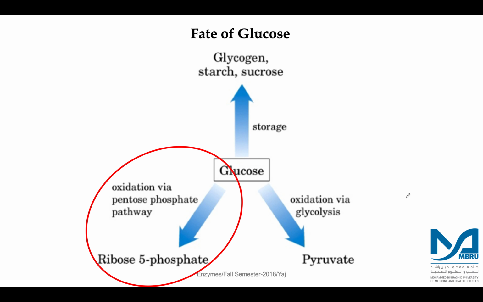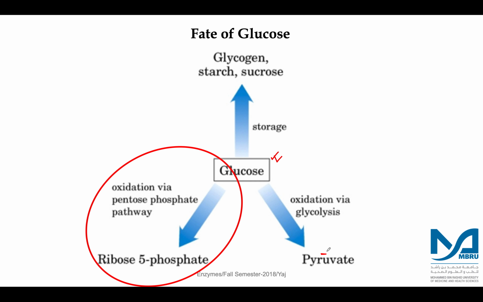So if I want to recap what we have done in this lecture, we first looked at glucose, which we oxidized to pyruvate. We then looked at the fate of pyruvate under aerobic conditions, where we converted pyruvate to acetyl coenzyme A, and this acetyl coenzyme A goes into the TCA cycle, leading to the production of GTP, carbon dioxide, and NADH and FADH2.